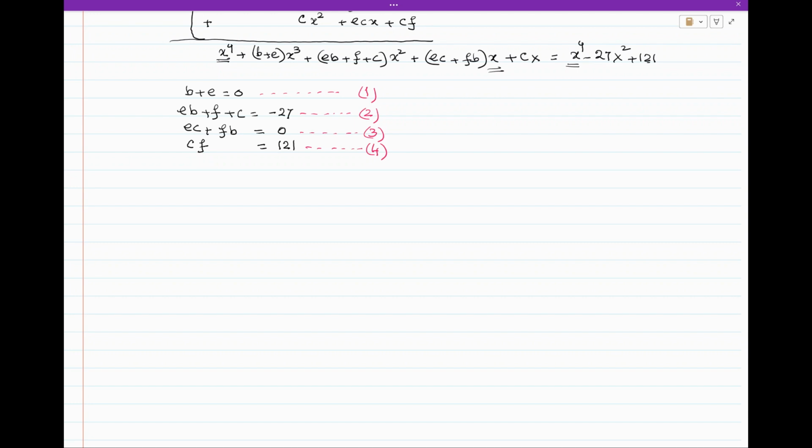Now here the variables are b, e, f and c. 4 variables.